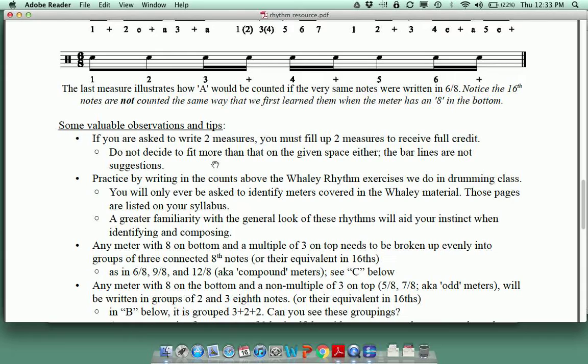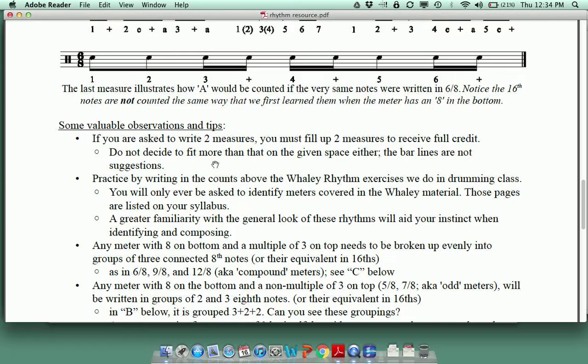So, some basics. If you're asked to write 2 measures, make sure you actually write 2 measures to receive credit. I assign per measure 1 point if you got the counts right, and 1 point if you got the actual written rhythm right. If I started giving it more points, it would skew the exam way too heavily in favor of the rhythm, and I think we all agree that that's not really necessary, not enjoyable.